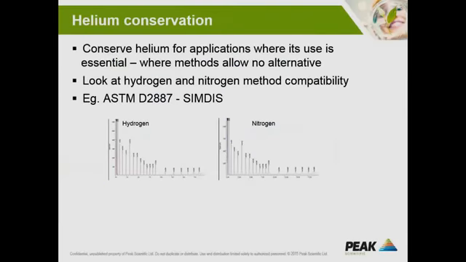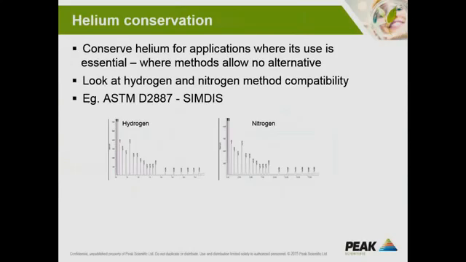In terms of helium conservation, this is really something that many labs look at for applications where its use is essential, or where methods allow no alternative. Obviously, many labs use regulated methods where they may stipulate the use of helium, so they don't have an alternative to change to hydrogen or nitrogen carrier gases, and so therefore their hands are effectively tied.